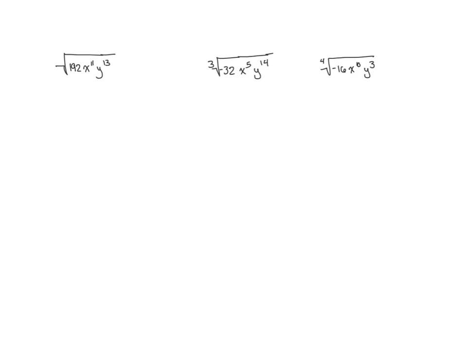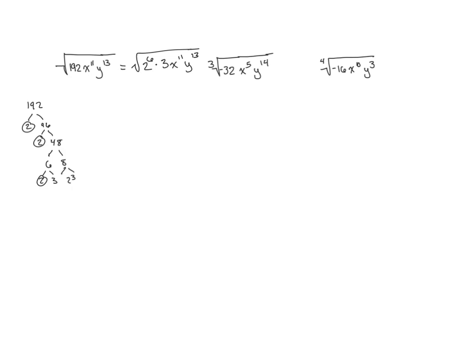If we do 192 and factor that, that would be 2 and 96, and this would give us 2 and 48, which is equal to 6 times 8, so this would be 2 times 3, and then we know 8 is basically 2 to the third power. So we can rewrite this as the square root of 2 to the 6th power, times 3, x to the 11th, y to the 13th.